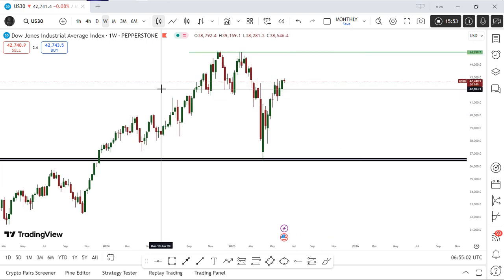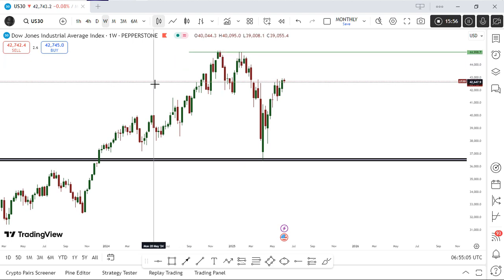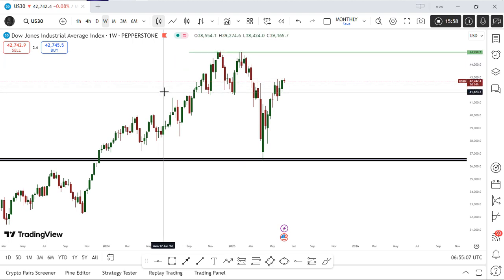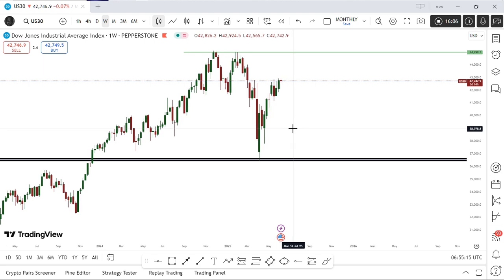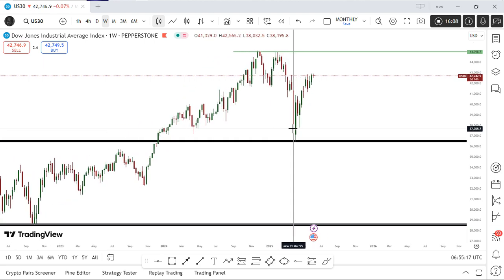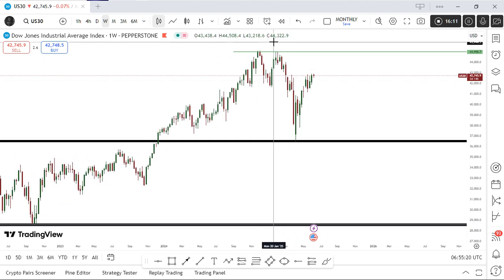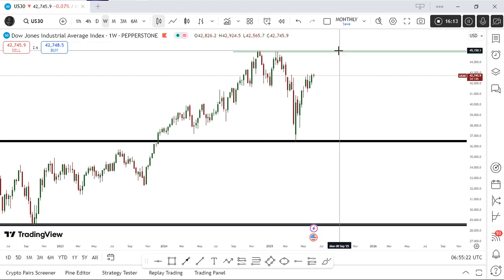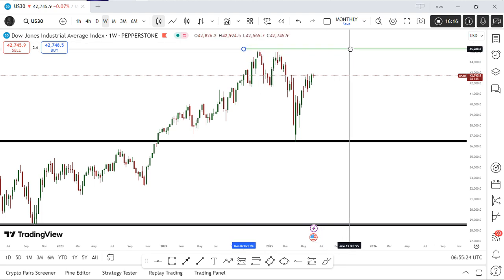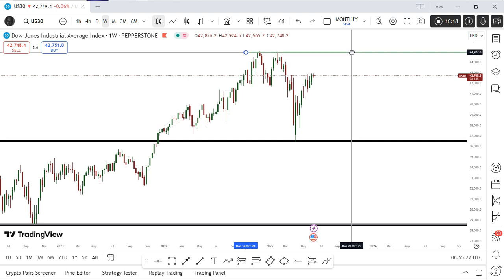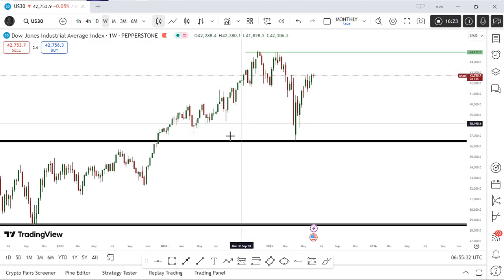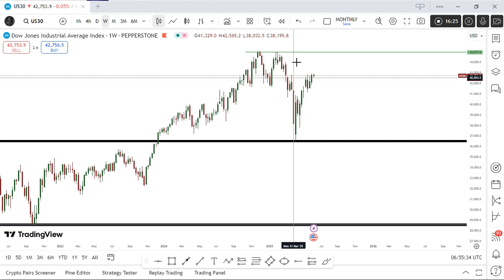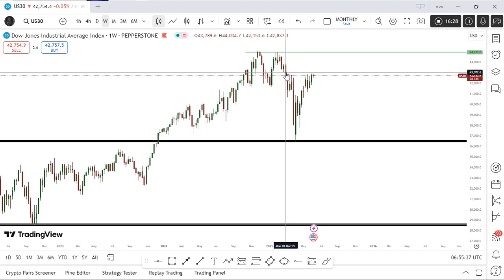I could see a double top here. I could see a neckline here. I check for chart patterns on monthly time frames and weekly time frames.